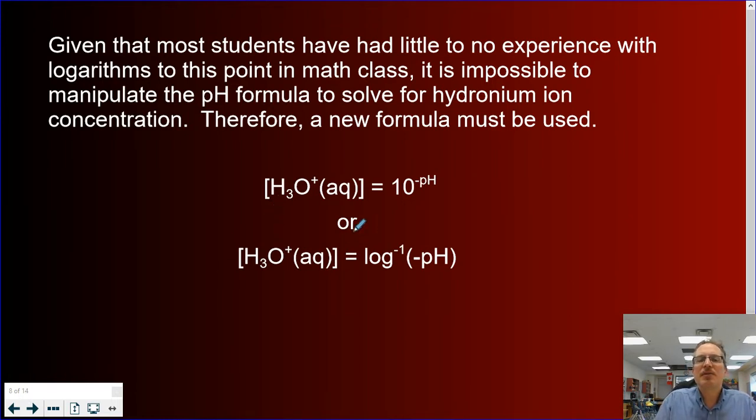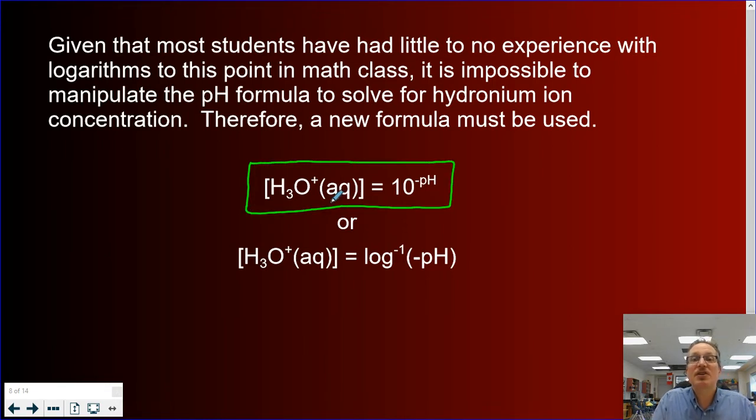So the two formulas we could use, although in this room I find that I'm going to concentrate more on this one, is that in order to find the concentration of hydronium ion, take 10 and raise it to the power of negative pH, or take the inverse log of the negative pH.